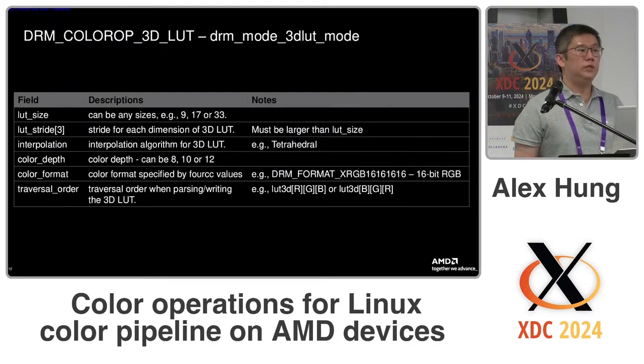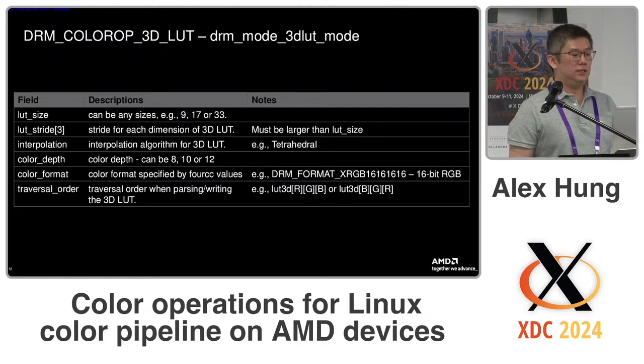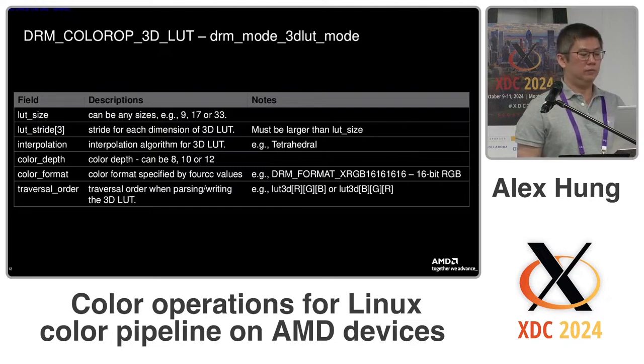Because we need to describe what the 3D LUT looks like, we also need to define 6 fields for the 3D LUT mode. The first will be the LUT size, which can be any size, such as 9, 17, or 33. In our example, we are using 17. The second one is the LUT stride, which is the stride for each dimension of the 3D LUT.